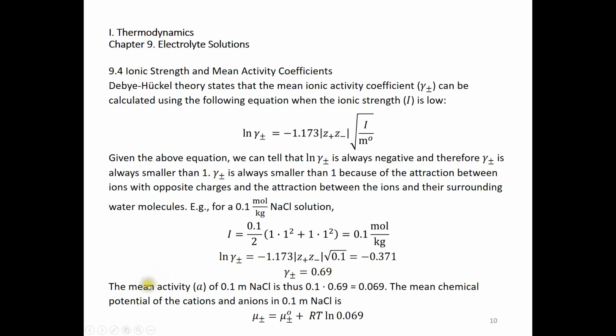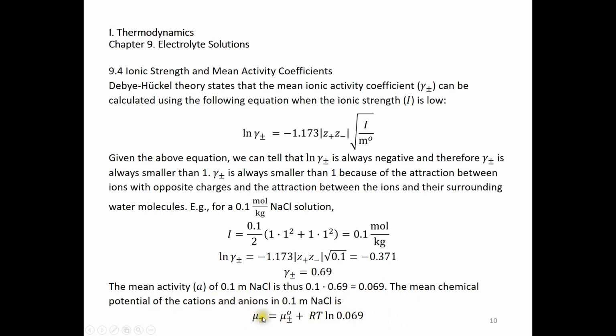So therefore the mean activity of this 0.1 mole sodium chloride is 0.1 times this mean ionic activity coefficient, which is just 0.069.